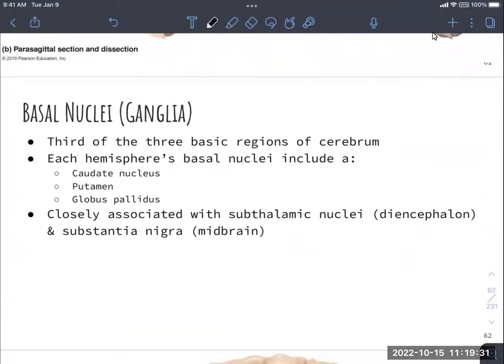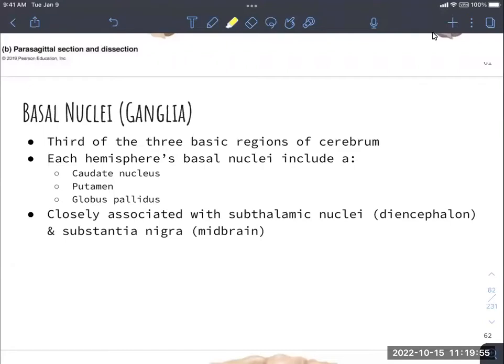Let's look at some of these nuclei. I talked about how specific nuclei have specific jobs, so let's look at what some of these nuclei do. We have different nuclei, again, that do different things.